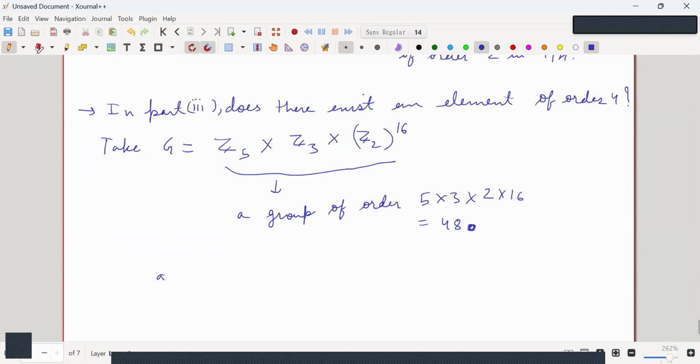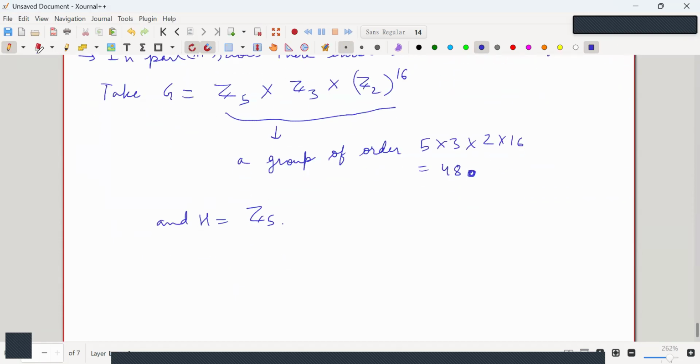Now you simply take H to be this Z5. Since you are taking it in direct product, you take Z5 cross identity cross identity, because you have to make sure that H is inside G. So identity 16 times; I should write 0.